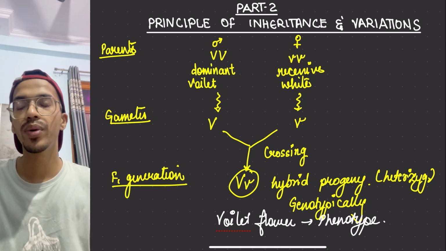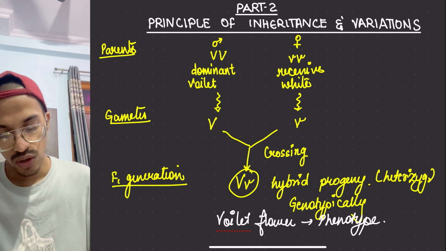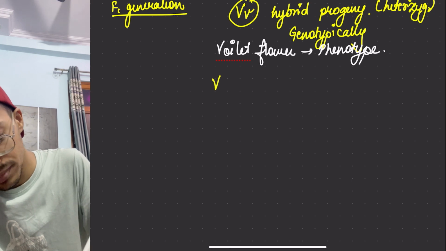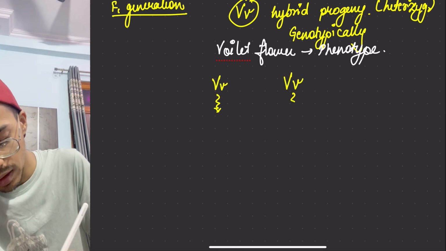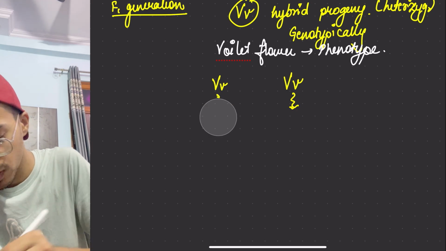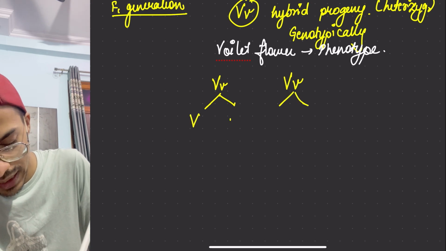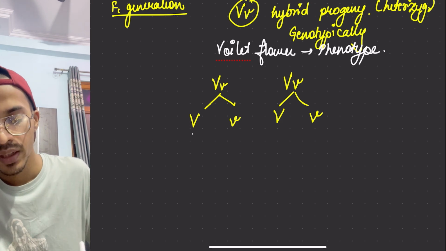Now let's go into the next generation, because we have to see what happens in the F2 generation. In the F2 generation, we take two similar plants. They will make gametes. Two different types of gametes are possible: capital V, small v, capital V, small v. Then there will be a cross.